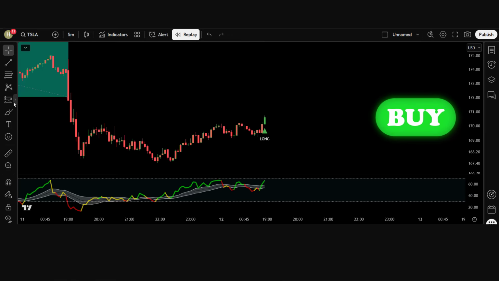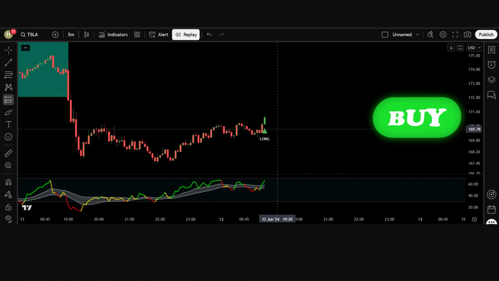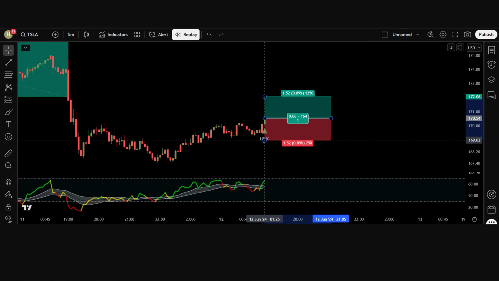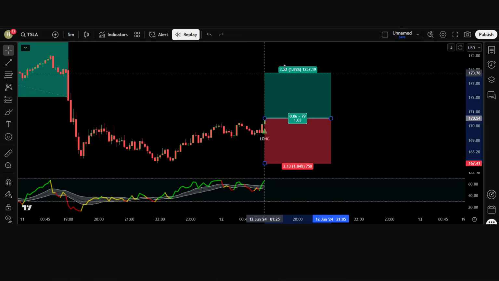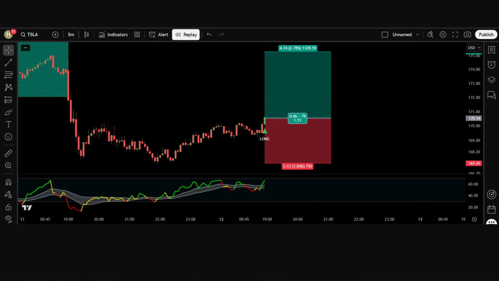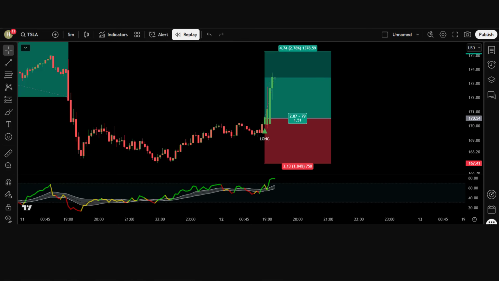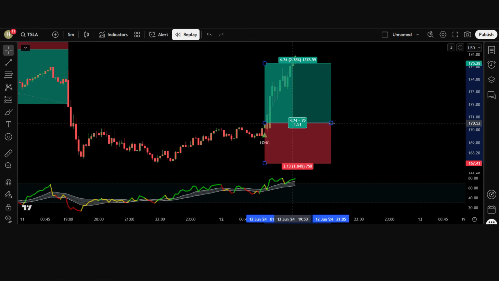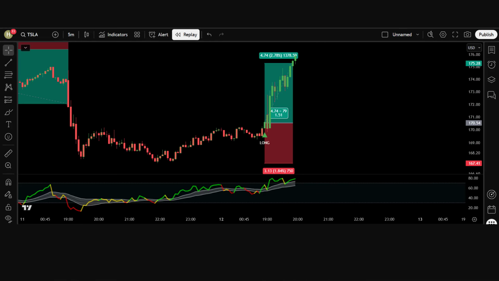So all our conditions are fulfilled, so we are placing an order to buy. Place your stop loss at the current market lower level, with a 1 to 1.5 risk-reward ratio. Let's see what happens to our trade. Our trade is running in profit. We have won the trade. Wait for the next signal.